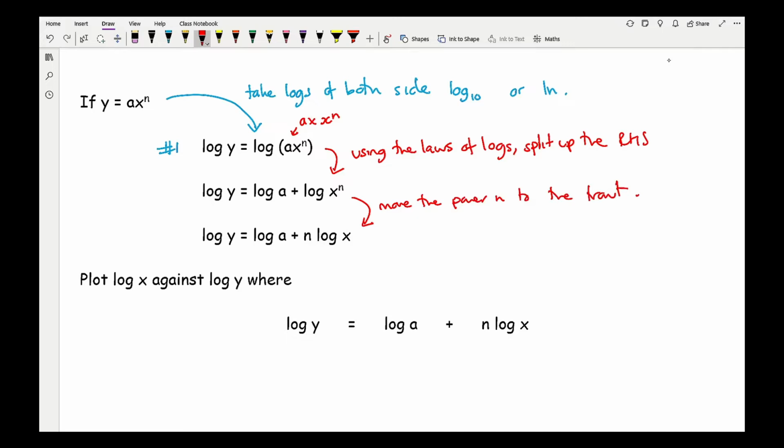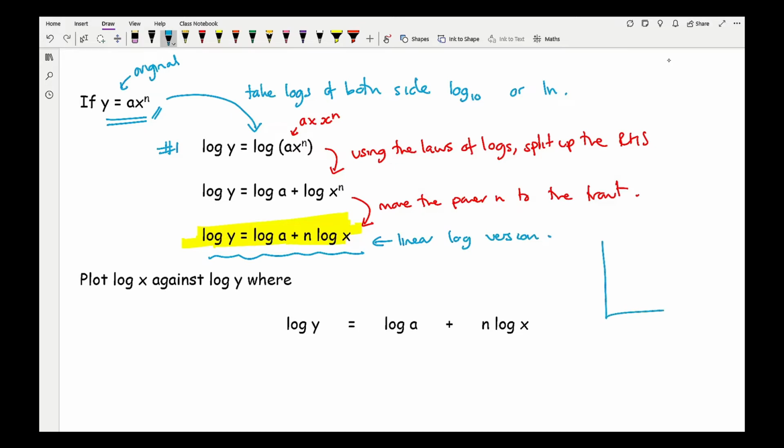Now, once you've got this, let me just highlight that. So this is our linear equation. So we've gone from our polynomial term to now our linear equation. Now, if you're going to plot this on a graph, rather than plotting our original equation, this is our linear log version of the equation, and what we then do is plot log y against log x.